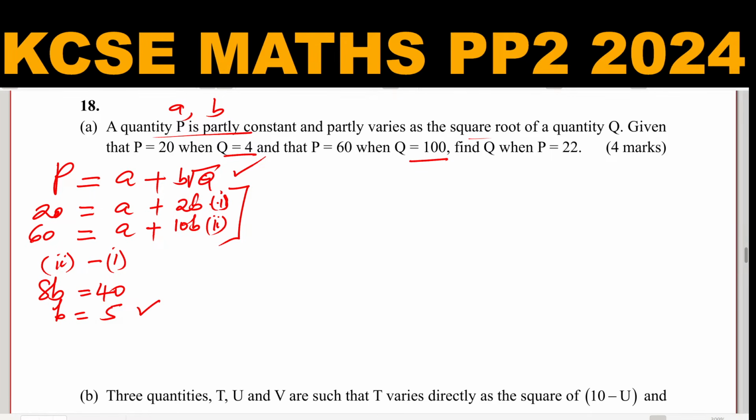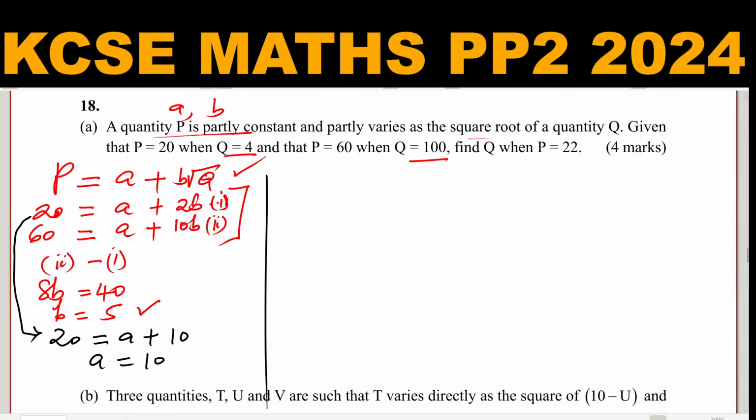B is 5. So using any of these equations, I can substitute B in that equation to get A. So we have 20 is equal to A plus 2B. 2 times B, B is 5, so that will be 10, and therefore A will be 10.